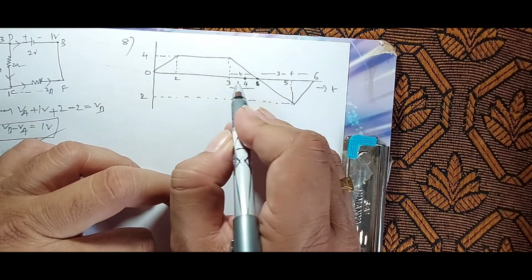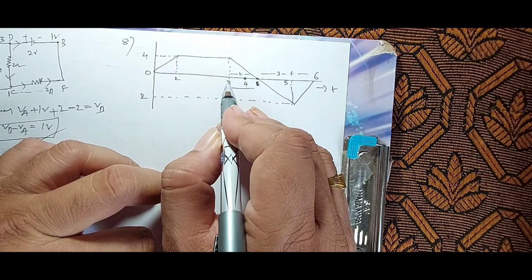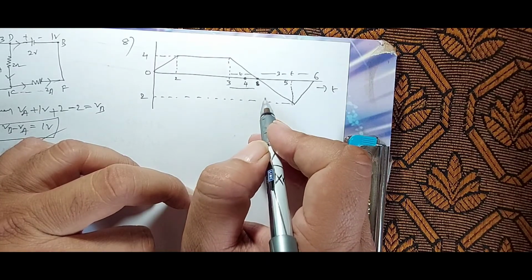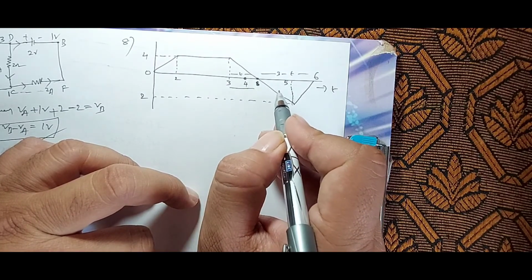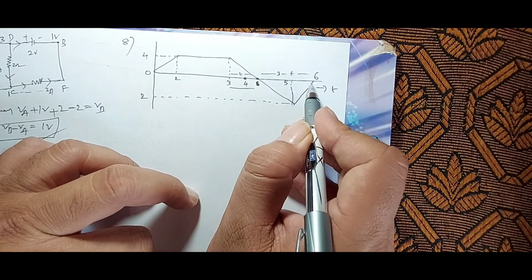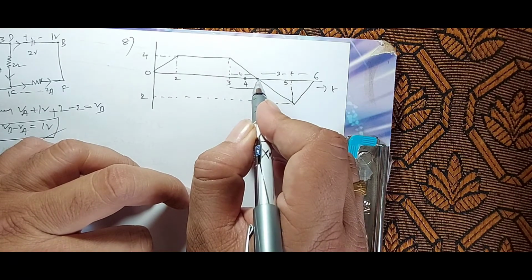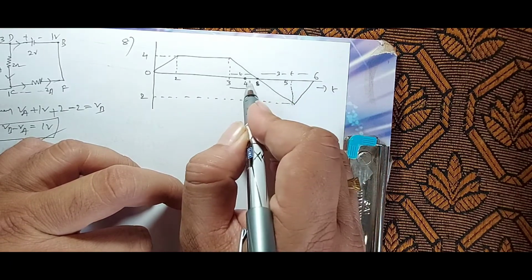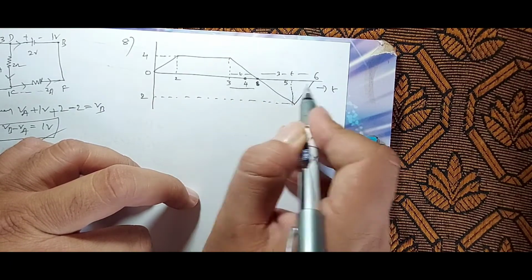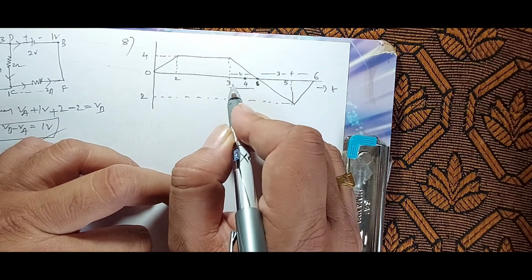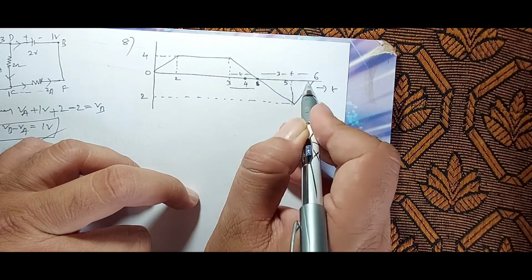So we assume the time up to this point is t. Here this is 4, this is 5 and this is 6. So this spot is how much time? 3 minus t. The total time is 3 and we subtract t from 3, then this length becomes 3 minus t.